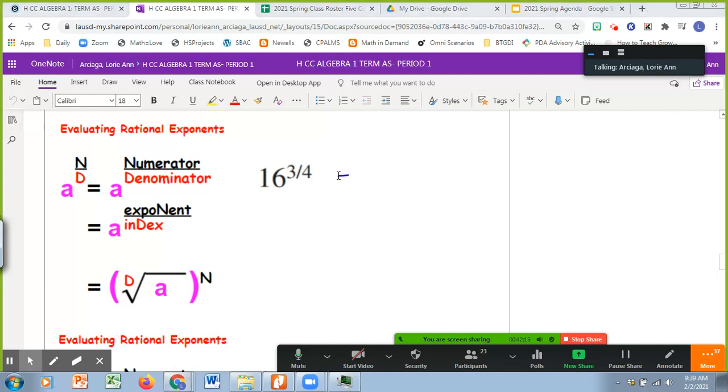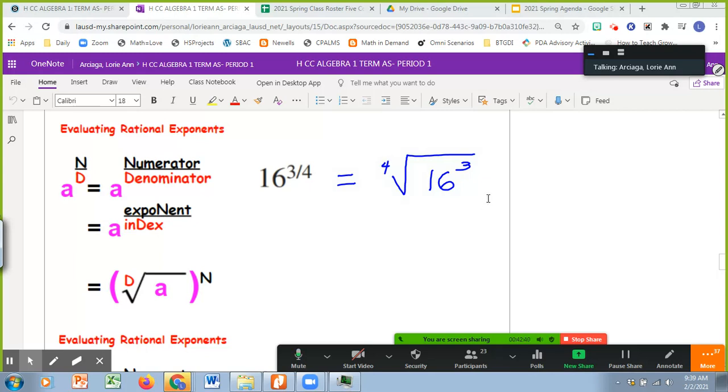So 16 raised to the 3/4 can actually be written as, remember the base goes inside as a radicand, then the pattern in and out. So this will be in and out.